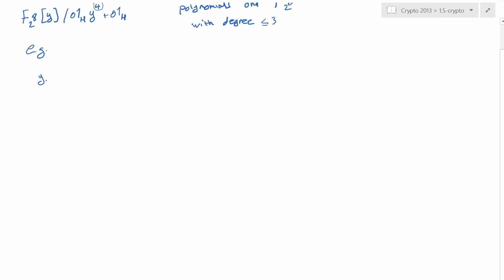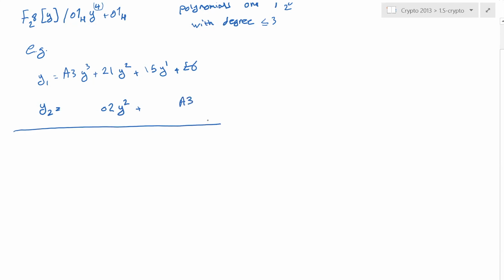Imagine I define two polynomials. I define y1 to be a3 y^3 plus 21 y^2 plus 15 y plus e6, and then y2 I define to be, let me write them under each other, 02 y^2 plus a3.